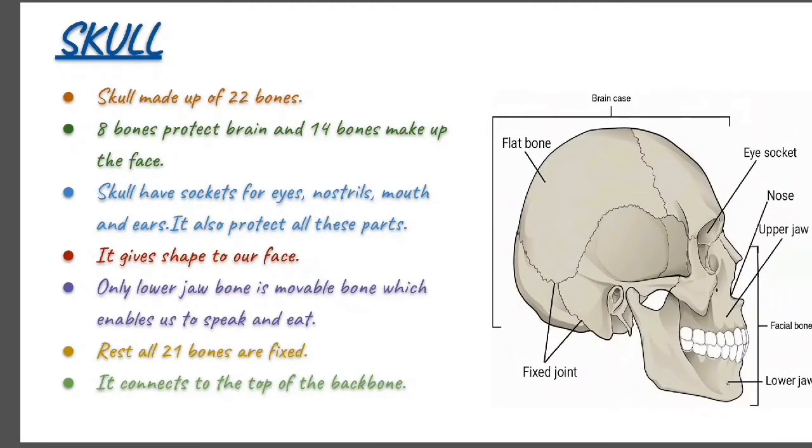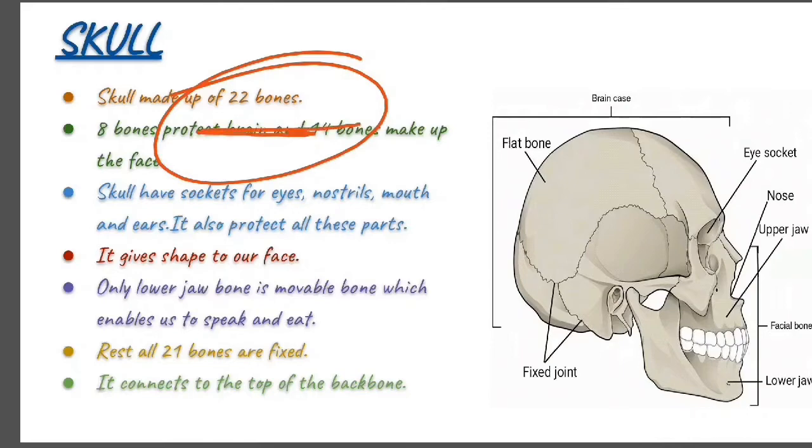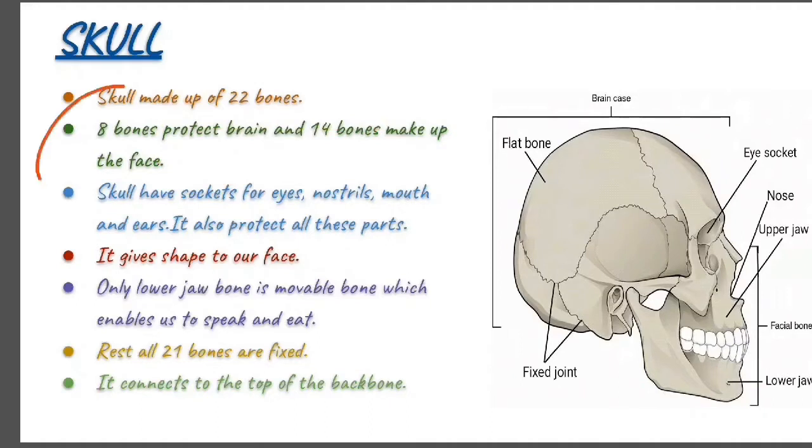First and foremost, at the top of our skeleton system is the skull. There are 22 bones in our skull. It is a part of the skeleton system and also consists of a number of bones. Of these, 8 bones protect the brain, and the remaining 14 bones make up your face.